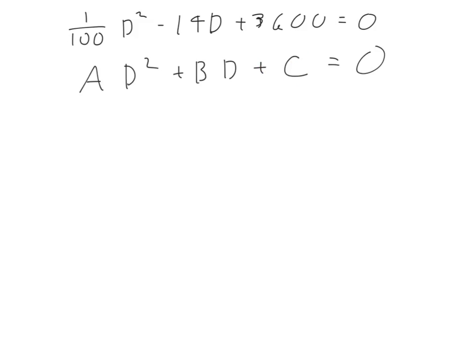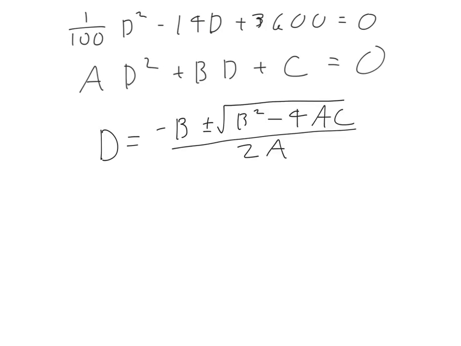When you have that, the solution for d is equal to negative b plus or minus the square root of b squared minus 4ac, divided by 2a. And of course, since we have this plus or minus, we'll actually get 2 different possible solutions for d, and we'll have to pick one of those roots as the one that fits best. So basically now it's plugging everything in and seeing what we get for possible answers for d.